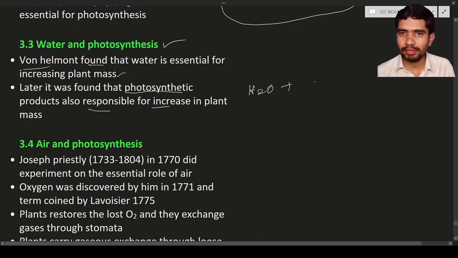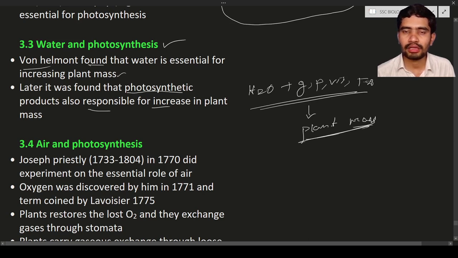The water plus photosynthetic products like glucose, proteins, vitamins, and fats are all essential for increasing plant mass. Previously Van Helmont said that only water is essential, but not only water, photosynthetic products are also essential for increasing plant mass.